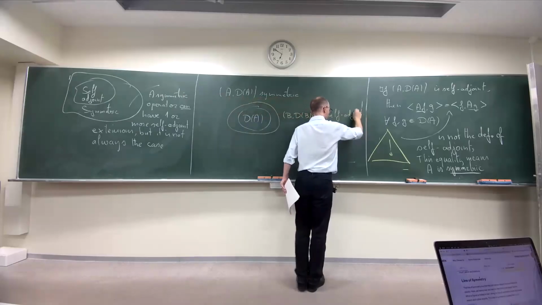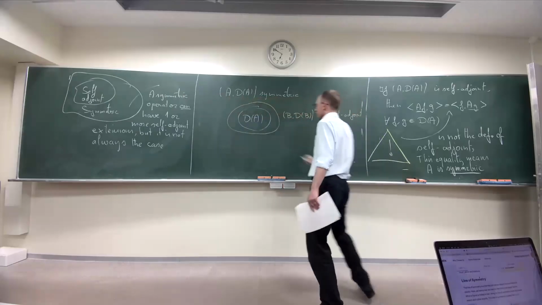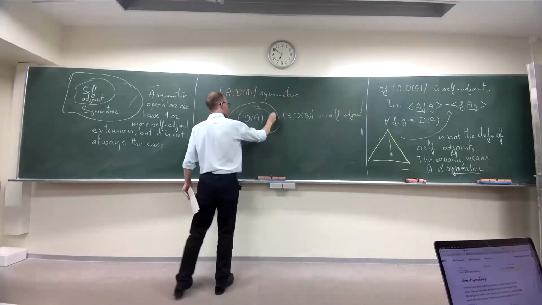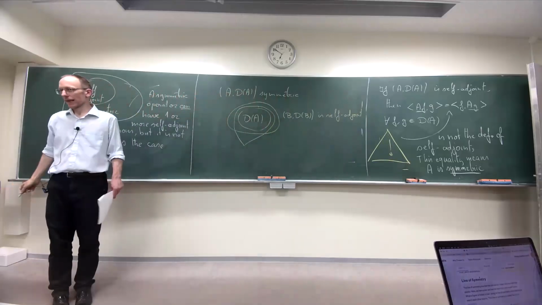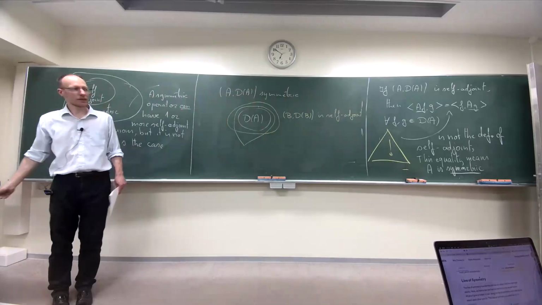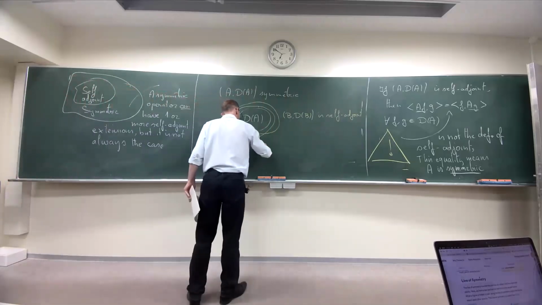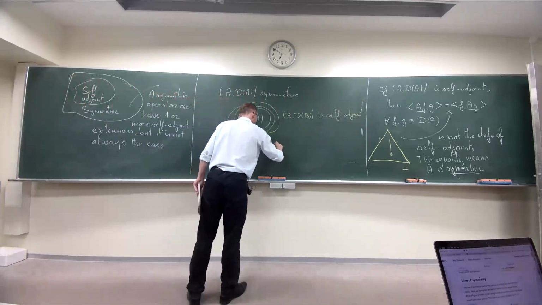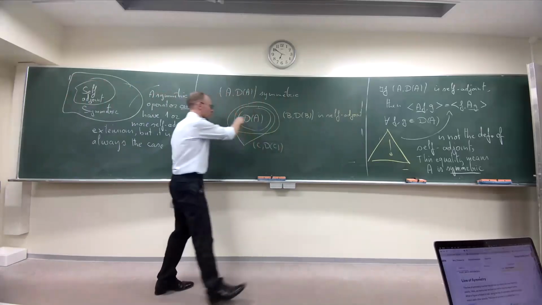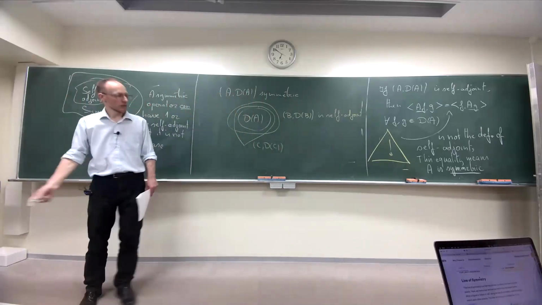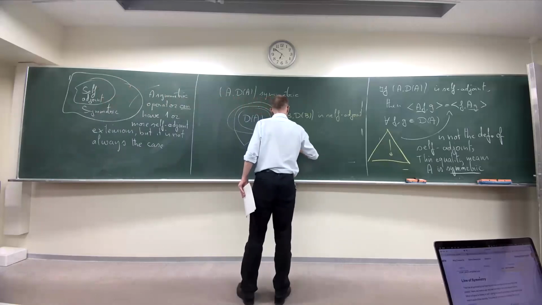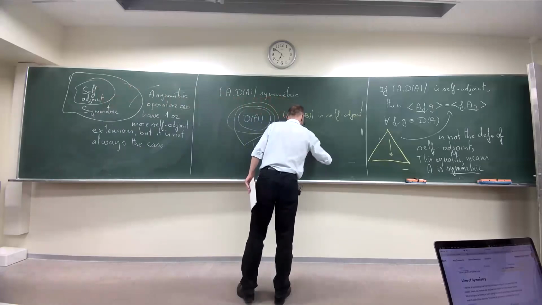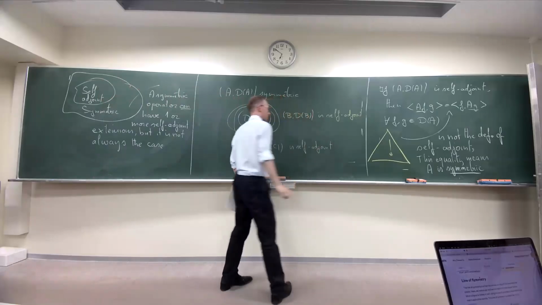But it's also possible that there exists a different domain still containing D(A), but slightly different, so that this new operator C with domain D(C), which is also an extension, can also be self-adjoint. I'm not sure the picture is not completely misleading, so be careful about this picture.